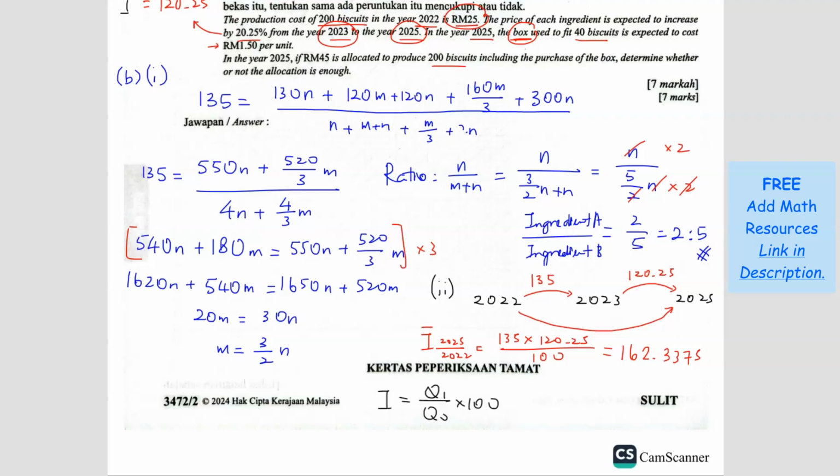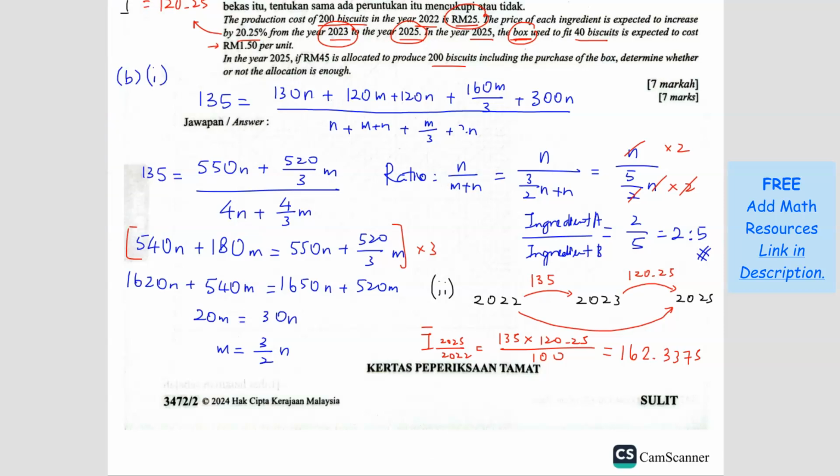Now the price index here we are using is 2025 to 2022. So this one should be 2022, and this one should be the 2025 information. This 2022 price is already given, it's 25 ringgit. So we just have to find the price for 2025. I'm just writing this so that you all understand what I'm doing.